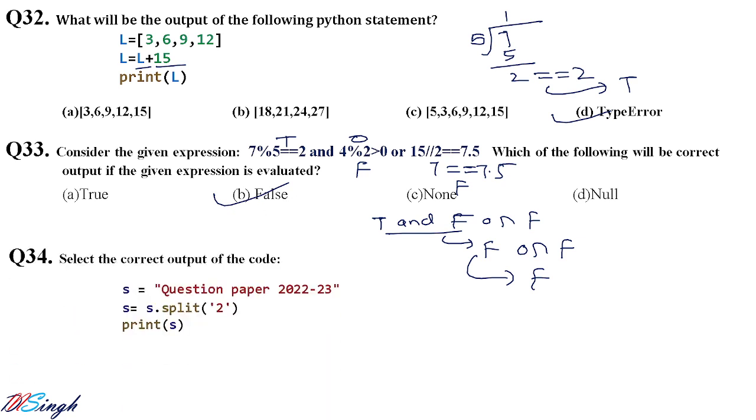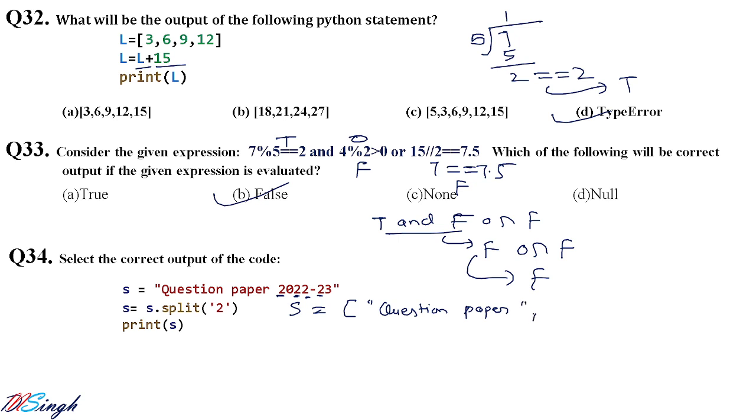Let us go for the next question. Select the correct output for the following. Again you have the split function. So S will be a list and it will have a separator as 2. So it is separated from there, and there. So let us see. First part will have question paper, okay, and then space.